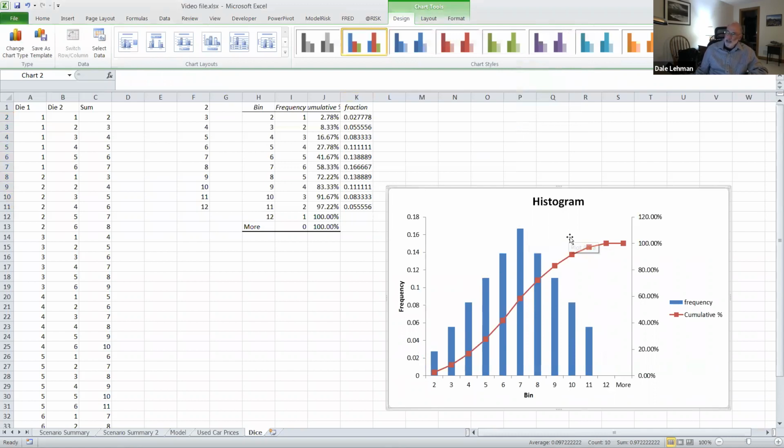And the reason I did that is that we can actually now interpret these blue bars as a probability.